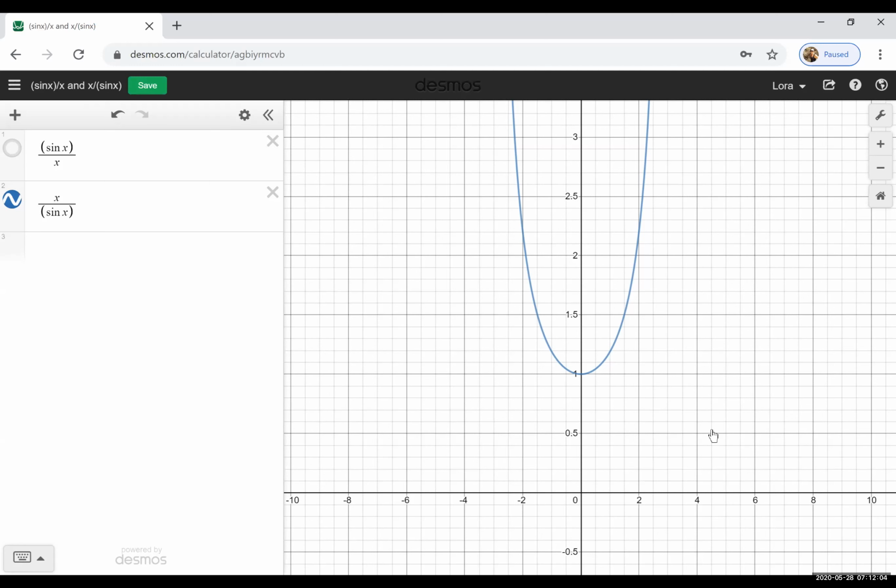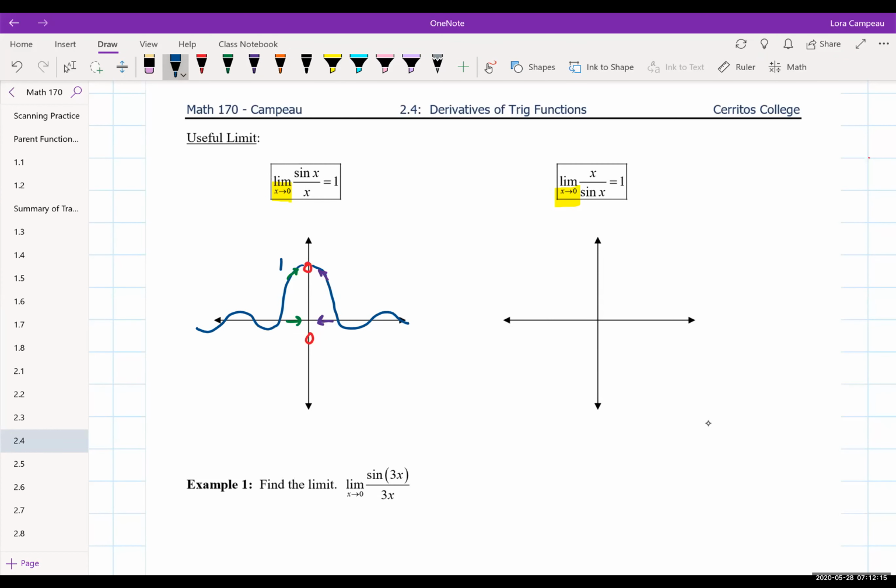So x equals 0, y equals 1. So I could draw a quick little sketch for our notes, and just kind of keeping in mind, we have ourselves something that kind of looks somewhat like a parabola.